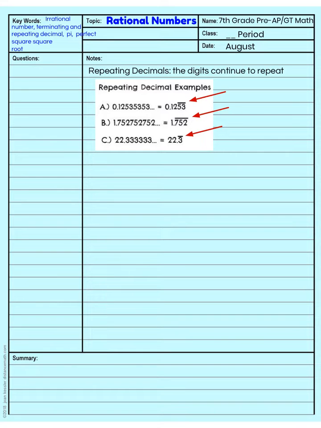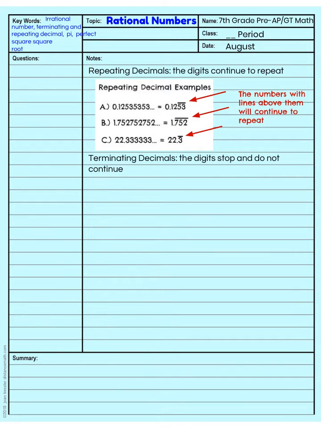So the 5-3 keeps being repeated, 5-3, 5-3, 5-3, and the 7-5-2 keeps being repeated, 7-5-2, 7-5-2, 7-5-2, and the 0.3 keeps being repeated, 0.333. Excuse me. So the numbers with lines above them will continue to repeat, as I just said.